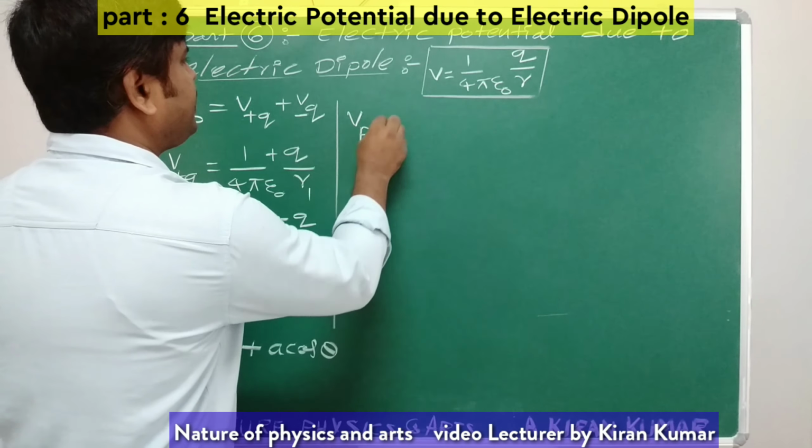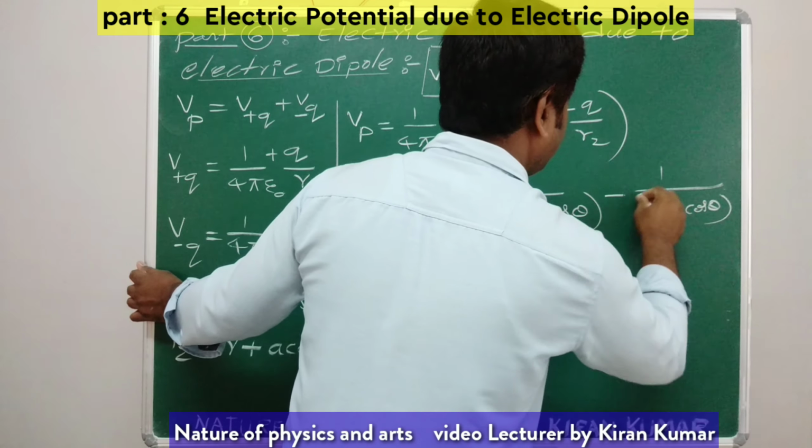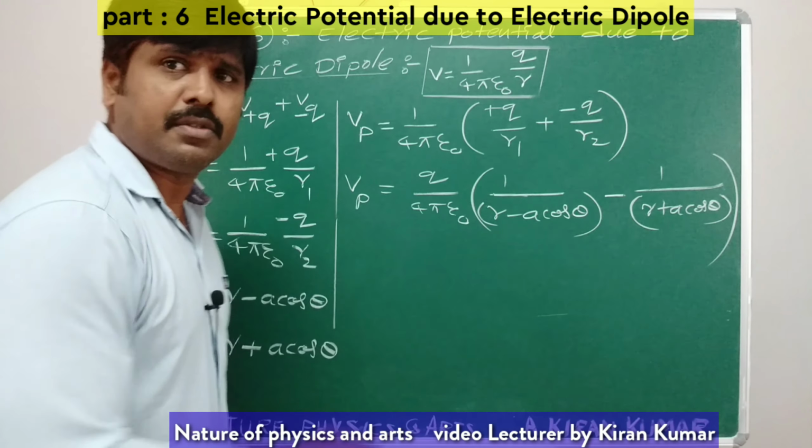So Vp equals q divided by 4 pi epsilon naught, q also being common, times 1 by R1, that is R minus a cos theta, minus 1 divided by R plus a cos theta, which is the R2 value. So take the LCM.